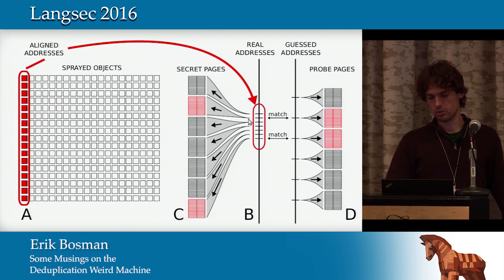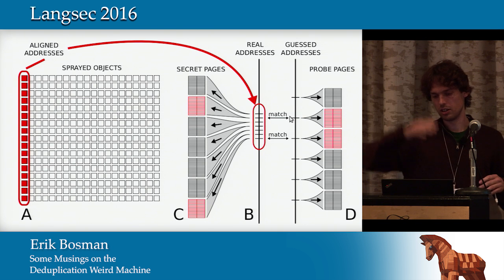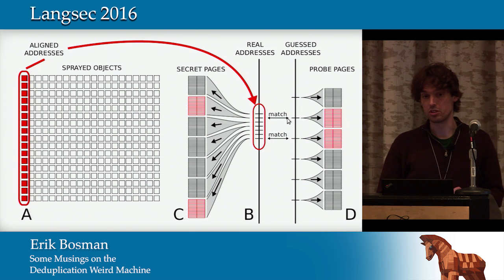These objects represent pointers which are very close together, and in our probe pages, those are pages we guess might be in the address space, we take big jumps and cover the whole address space, and then we get matches and recover the pointers we are looking for.